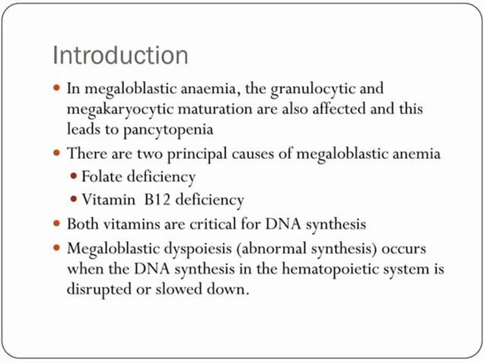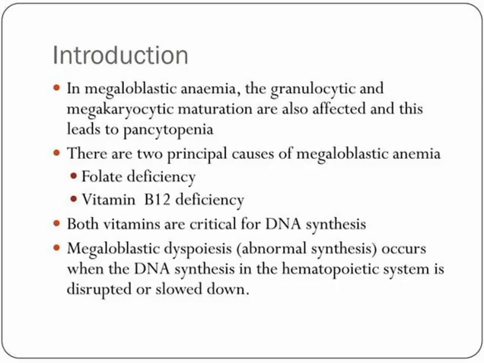In megaloblastic anemia, the granulocytic and megakaryocytic maturation are also affected, and this leads to pancytopenia. Pancytopenia is a condition in which the red blood cells are most notably affected. This also impairs the maturation of granulocytes and megakaryocytes.